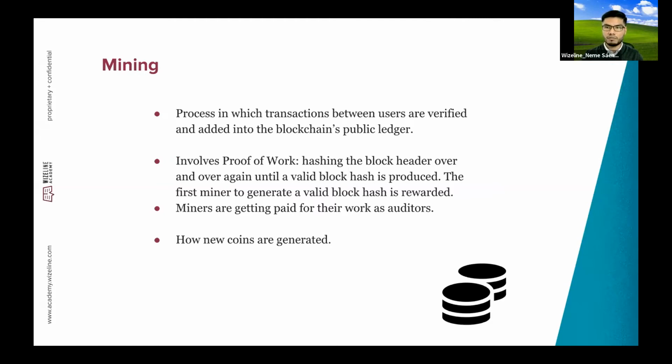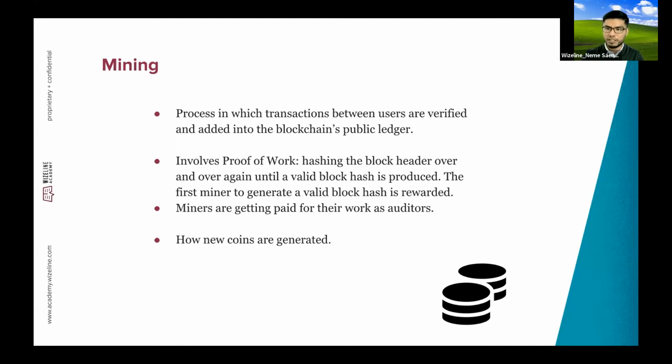This differs between coins, but the most common example is proof of work. This is used by Bitcoin. In this process, the miner, the node, has to hash that new block, hashing over and over again until it complies with an arbitrary constraint. This constraint is just used to make it harder to get a valid block.